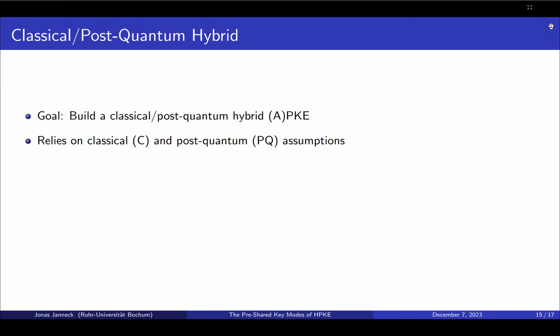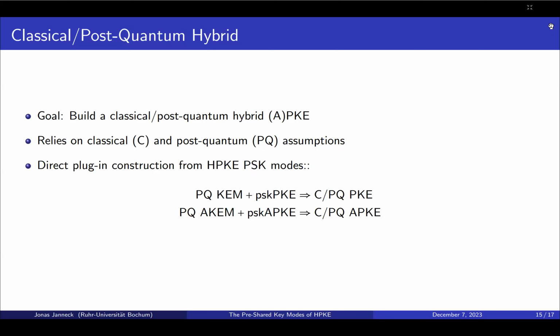relative to quantum assumptions. One idea to build such a hybrid is to construct it from scratch directly, but what we propose is another, maybe more practical approach, and this is to use the PSK mode.